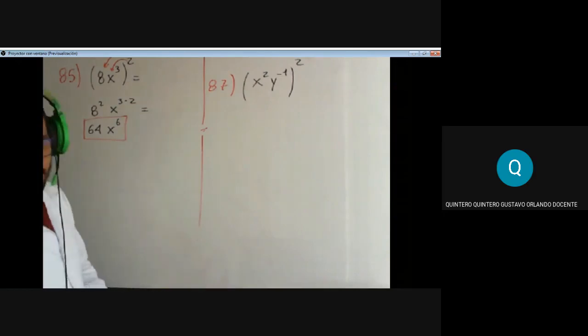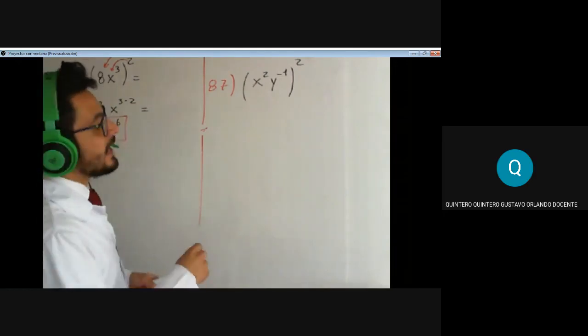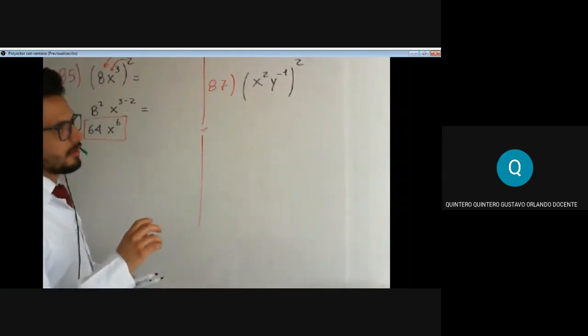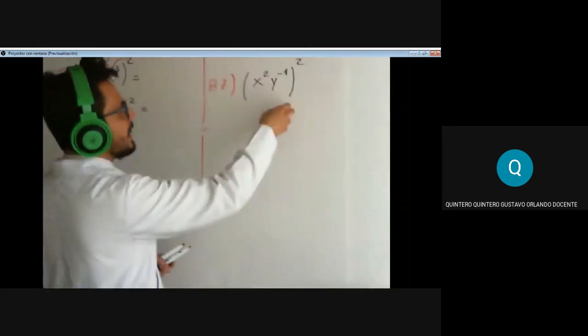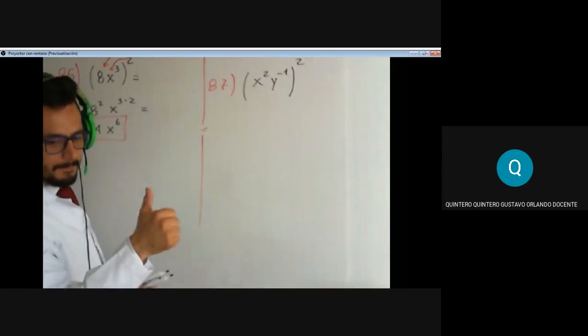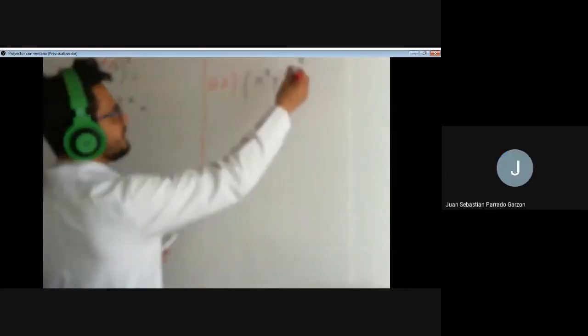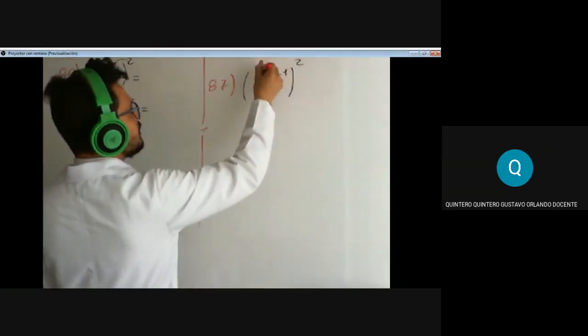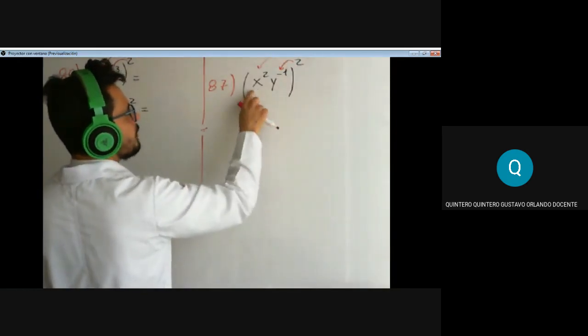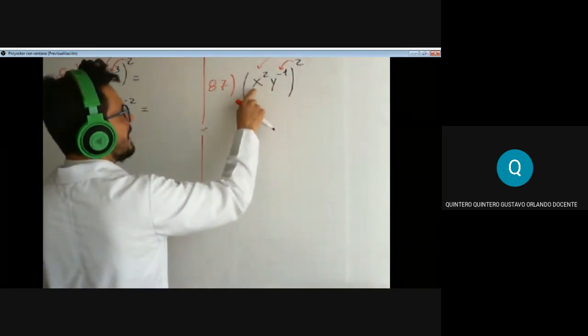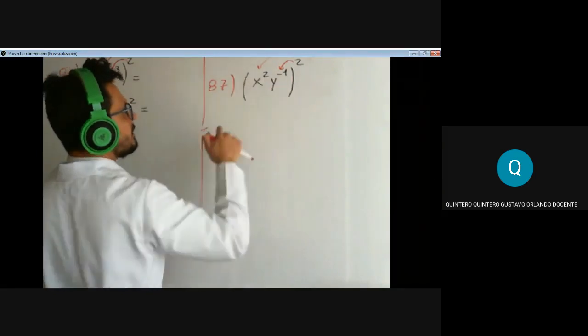You forget about the number. That's the real key here. You just remember that you need to multiply by whatever the number is. So by doing this, you're going to distribute the second power in both factors, in the x to the 2 and in the y to the negative 1.